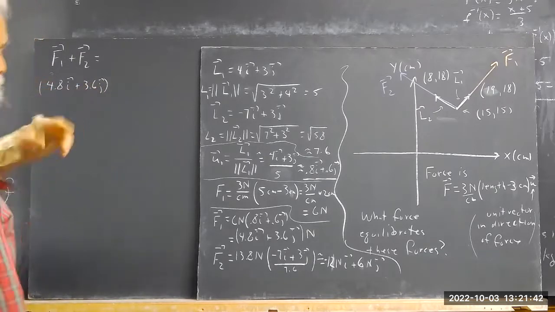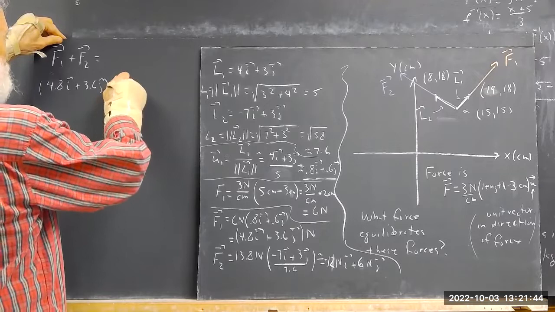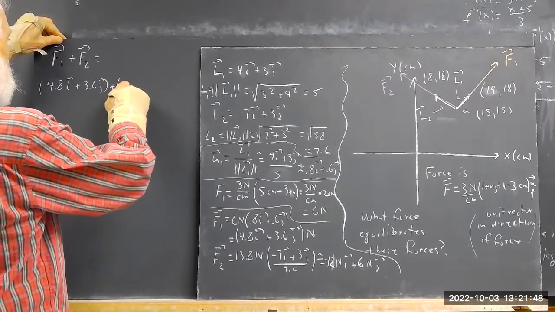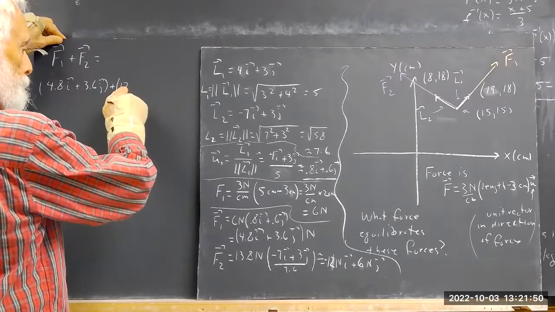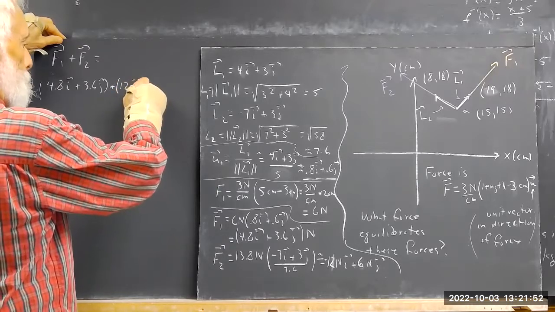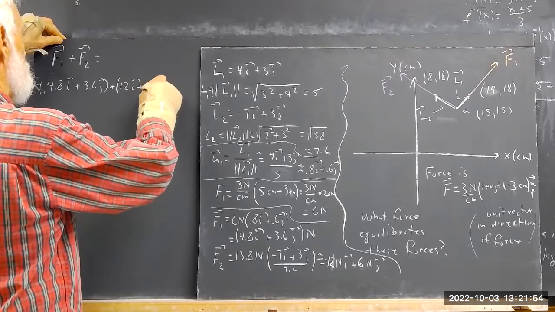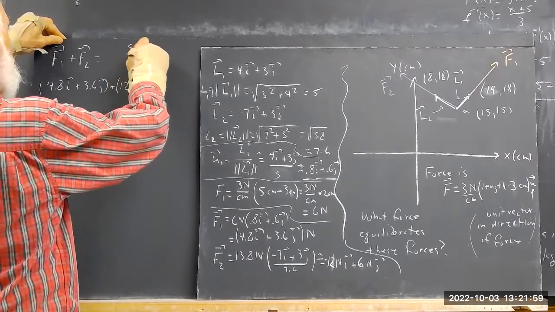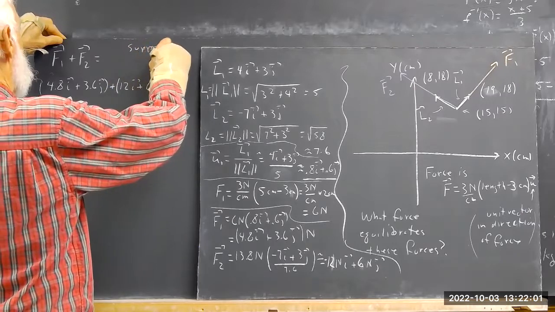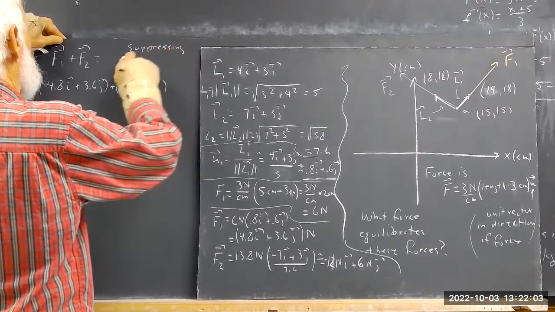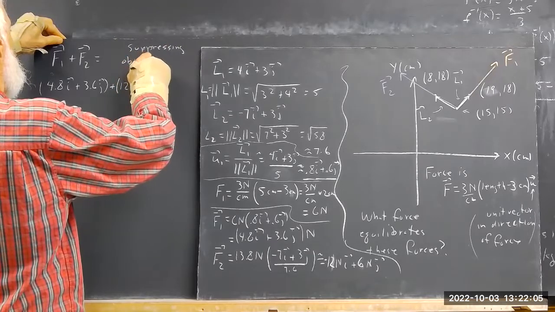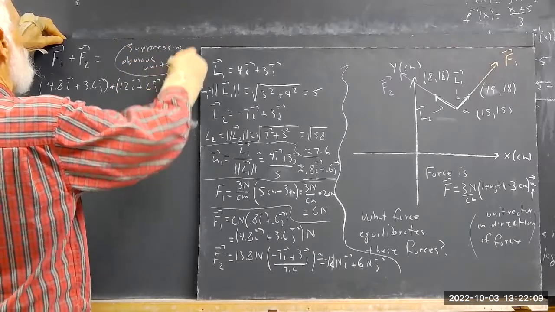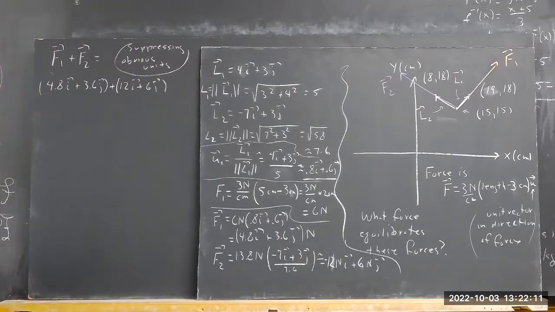At some point you've got to get the numbers right, so that can be another thing to do. And then that's just suppressing obvious units.